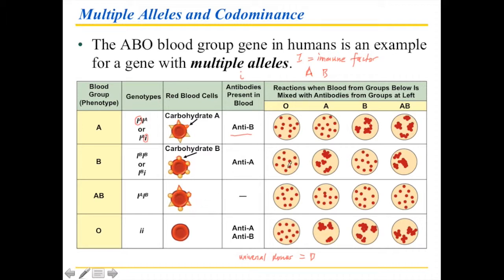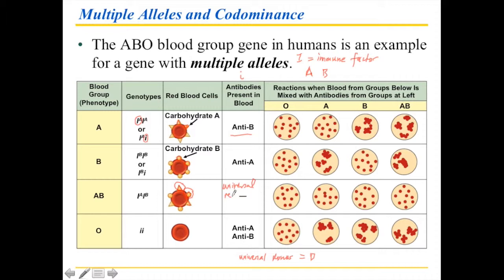So if you're blood type B, you can receive blood type O and blood type B. If you're blood type AB and somebody gives you blood type A, then that's okay because you have these little triangles, so your body recognizes them. Blood type B, same thing. Blood type O, there's nothing there, so that works. And so blood type AB is the universal recipient.